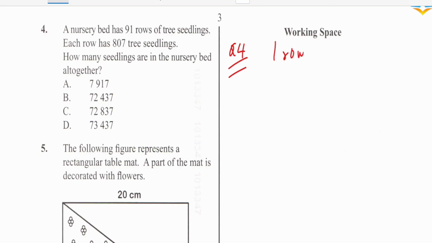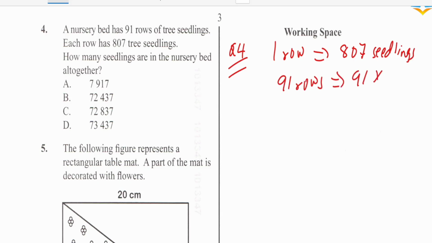For every row, they have 807 seedlings. So let me write seedlings. Then you ask yourself, what about 91 rows? Therefore, you multiply the two, that is 91 times 807. I discourage the students using calculators, so let's just multiply the way you should multiply.